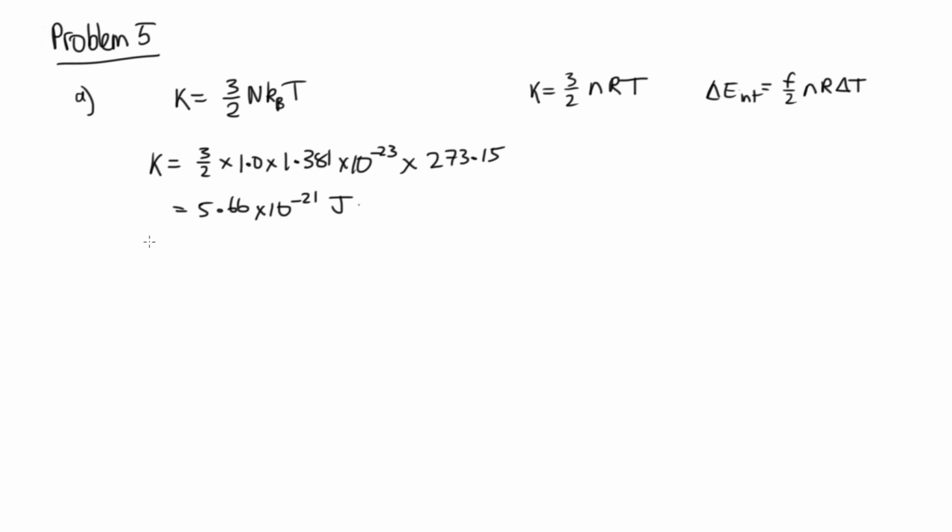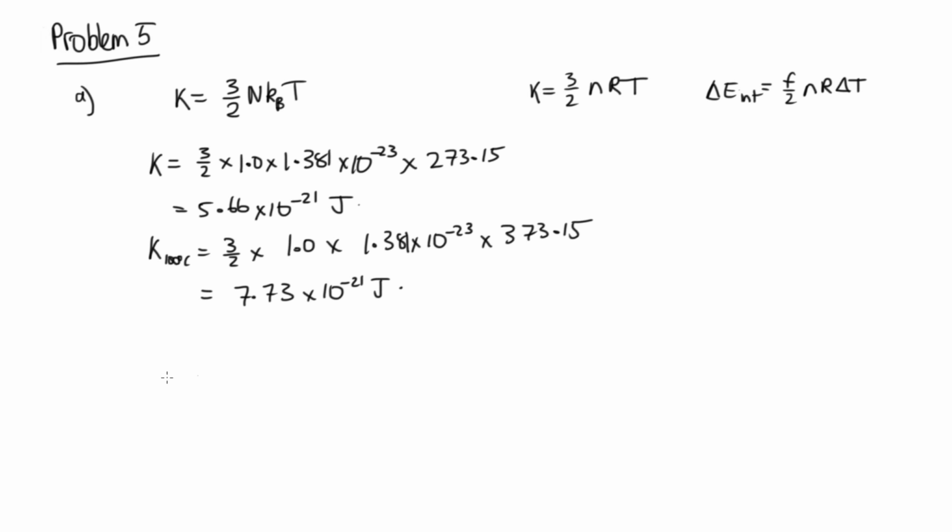That's at 0 degrees C. At 100 degrees C, we've got 3 over 2 times 1 molecule times 1.381 times 10 to the minus 23 times, now 100 degrees C, that's 373.15. So solving that, I end up with 7.73 times 10 to the minus 21 joules.